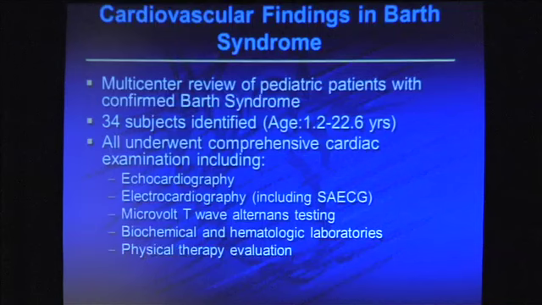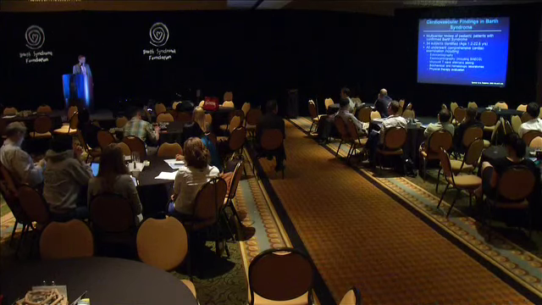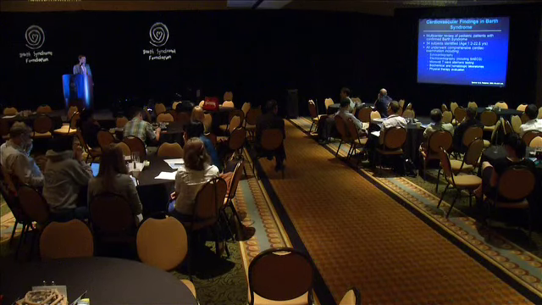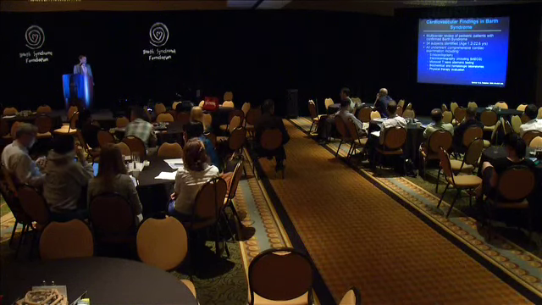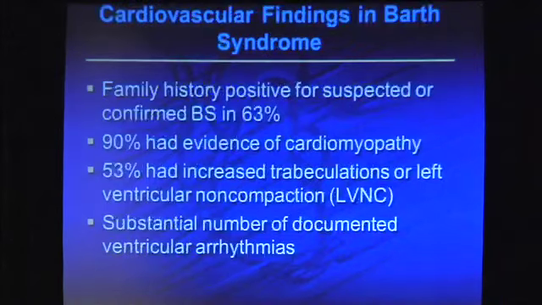So we know there's some historical data that look at Barth syndrome patients, and you can have a wide range, as I said, of onset of cardiac disease as well as longevity of disease. And most of these patients underwent a pretty extensive evaluation for the year in 2006, including echo, signal averaged electrocardiograms, which we use more commonly to diagnose a disease called ARVC, arrhythmogenic right ventricular cardiomyopathy, microvolt T-wave alternans, and various serologic biomarkers.